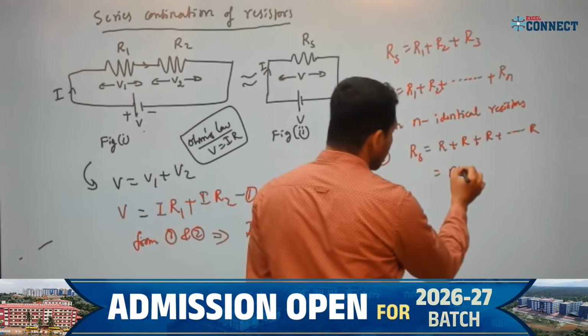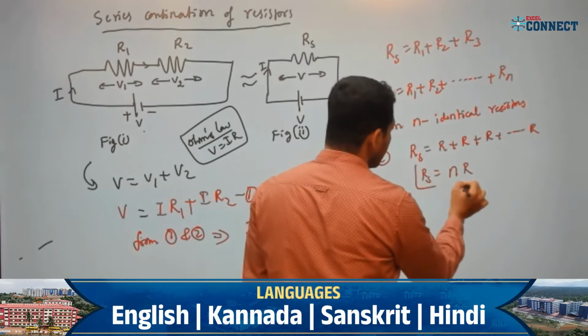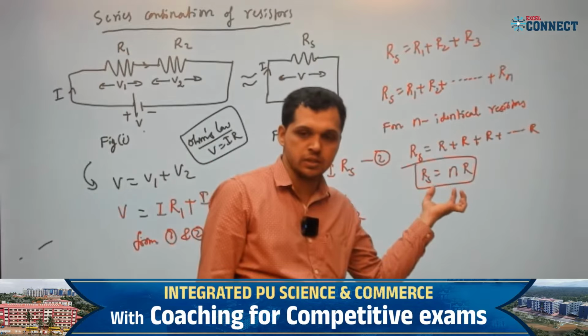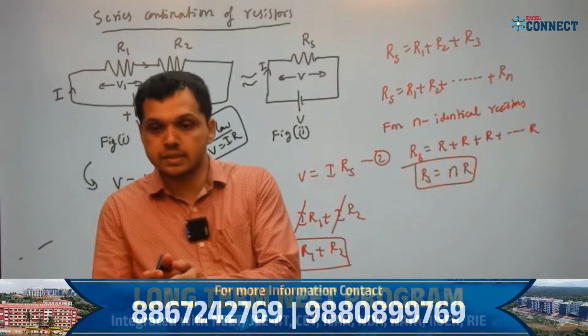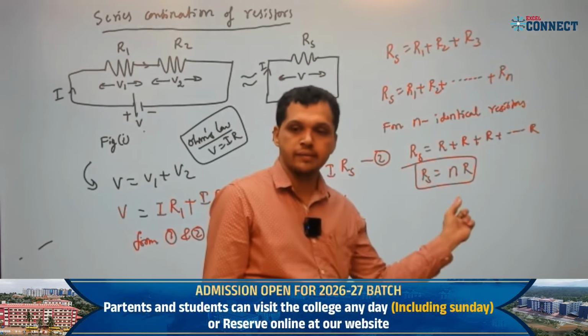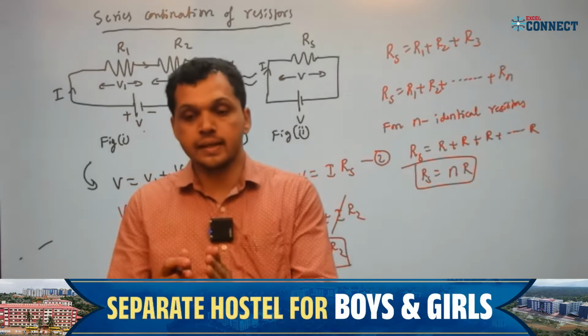As n times R. Rs is equal to n times R. Students, you must remember this equation. If n identical resistors are in a series combination, then the equivalent value is n times R, n times each resistance.